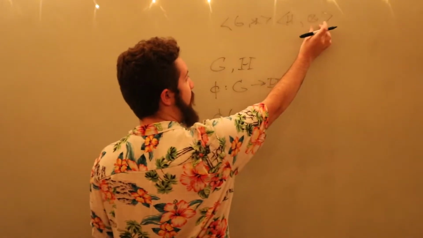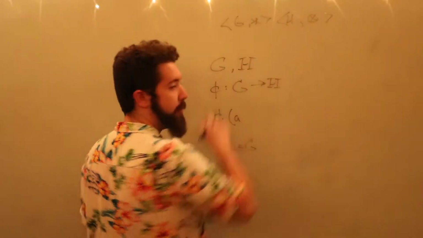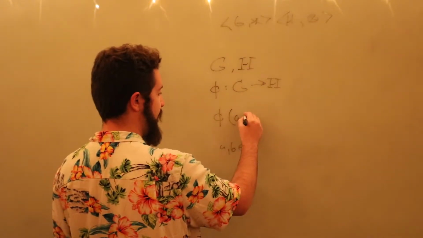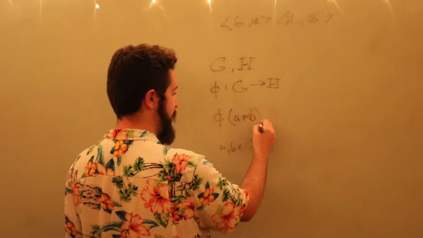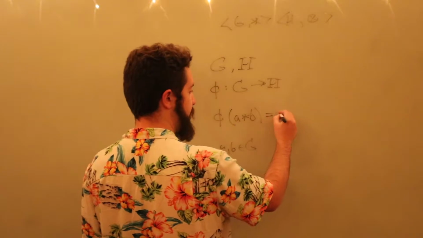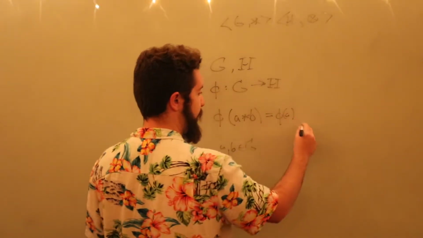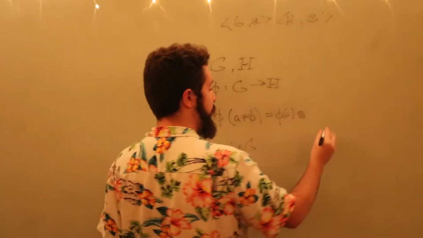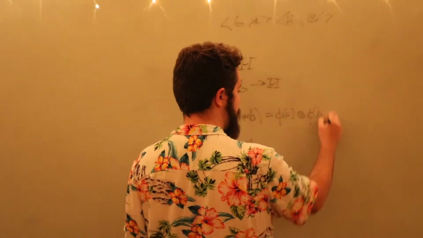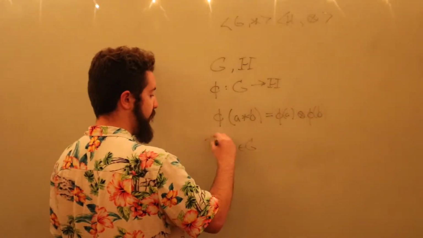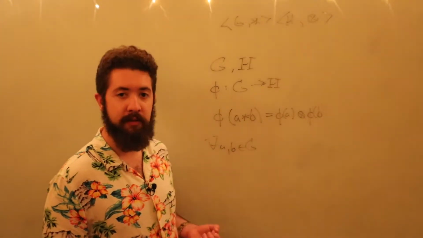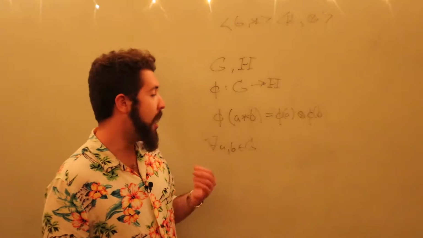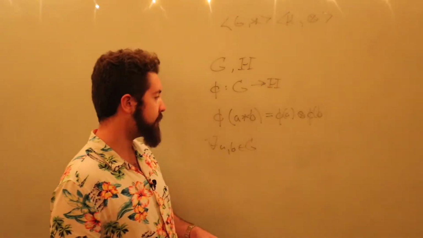So this is the operation in H, this is the operation in G. So now, if phi of A asterisk B is equal to phi of A times, now the H multiplication, phi of B, for all A and B in the domain G, then phi is said to be operation preserving.